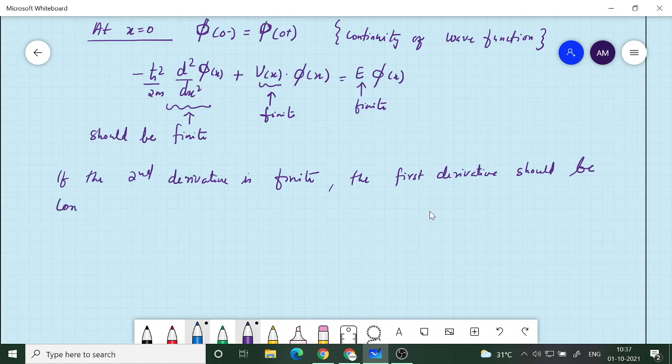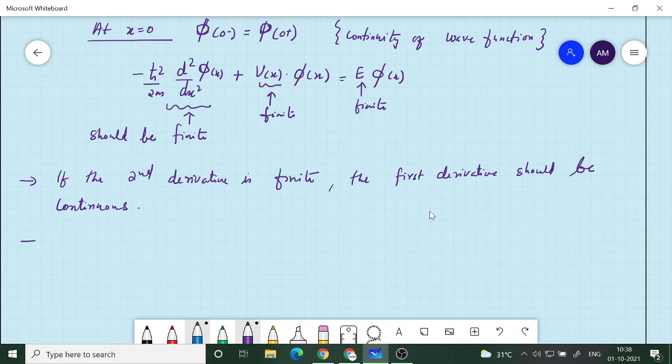Do you agree? You can think of it this way: the first derivative is the integral of the second derivative. So if the second derivative is finite everywhere, when you integrate it, you will get a continuous function. You integrate a finite function, you will get a continuous function. Do you agree to that? Yes, sir.